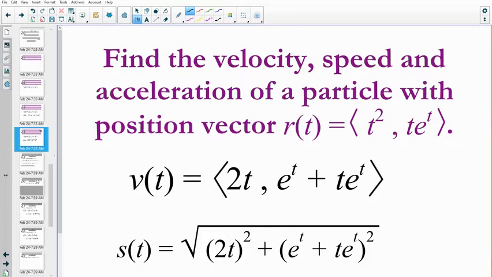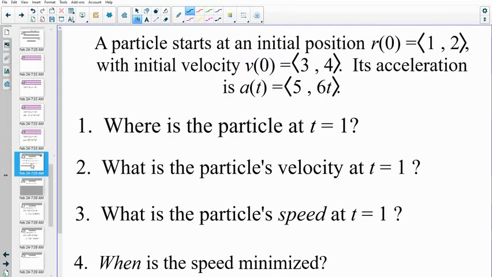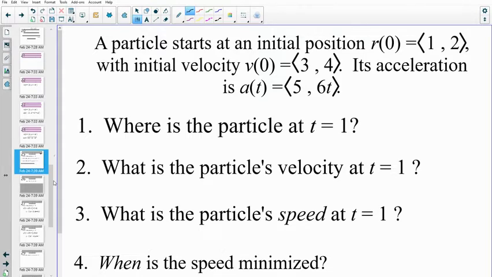speed. And so the example that I'd like to go through with you a little bit more thoroughly is this one. I have a particle that's moving along. Its position, at least its position at time equals 0, is given. It's at the position whose x coordinate is 1, the y coordinate is 2.